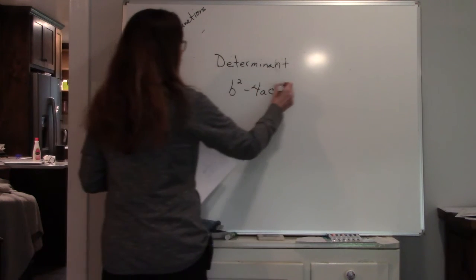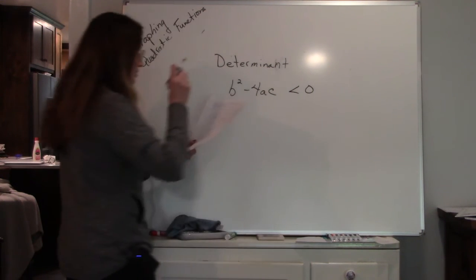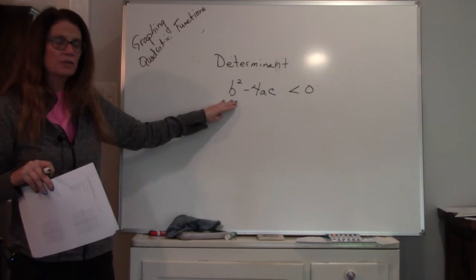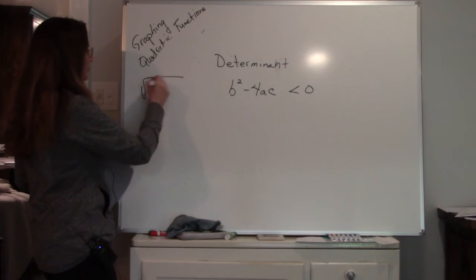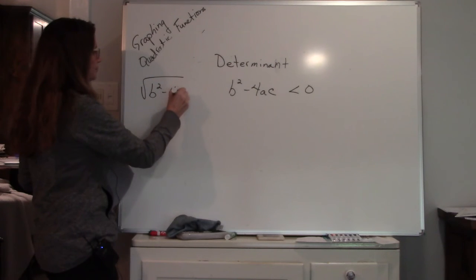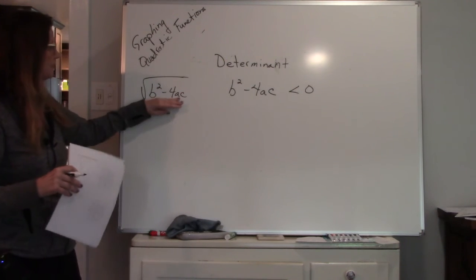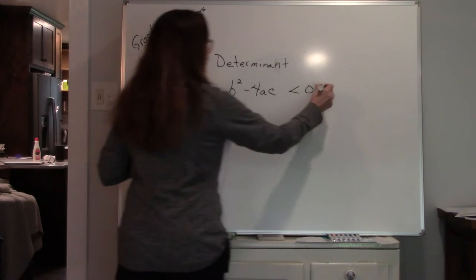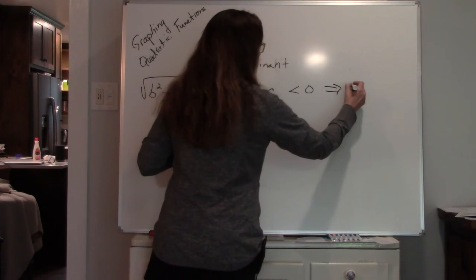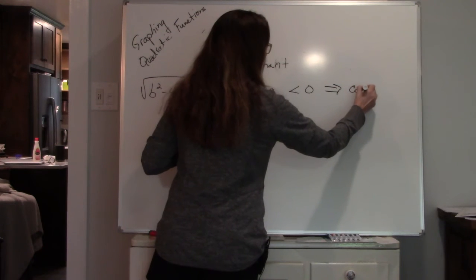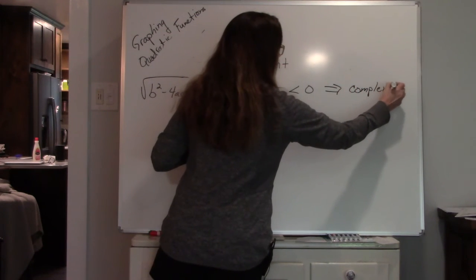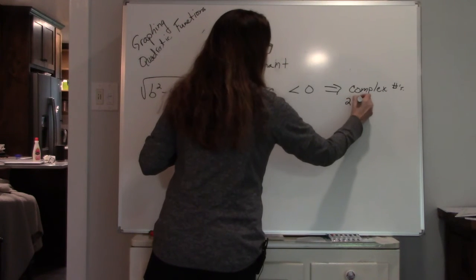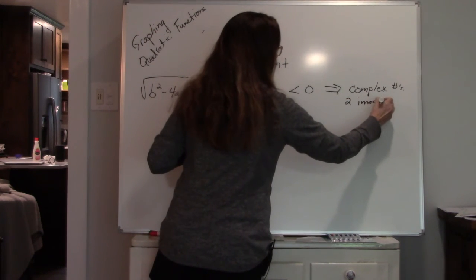So if our determinant is less than 0, that means it's negative. What you're going to end up with is complex numbers, which means you're going to have two imaginary numbers.